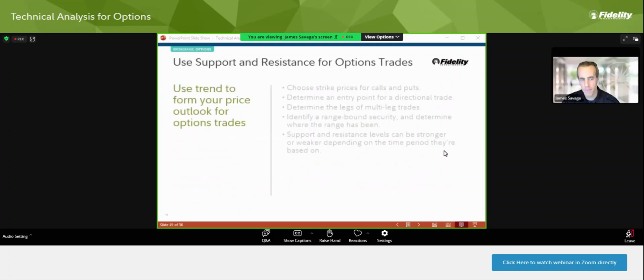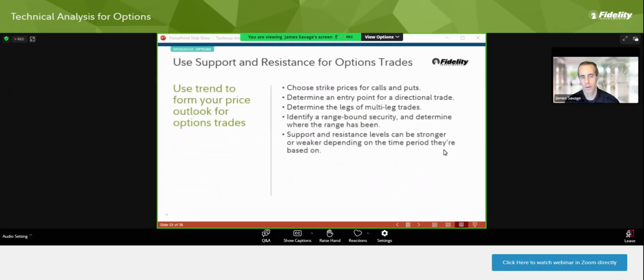And when it comes to using support and resistance for options trades, they could be areas where you might decide to put your strike prices. This could be the areas that you're going to wait to either enter or exit a trade.